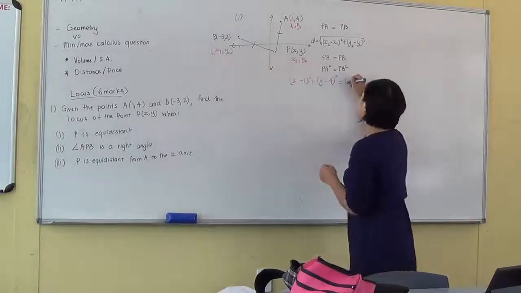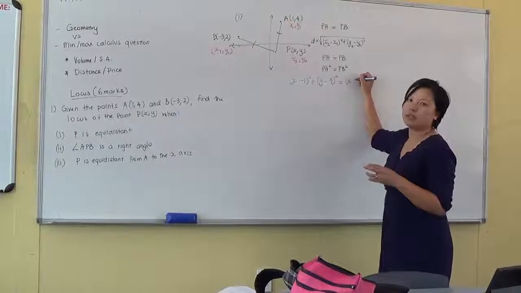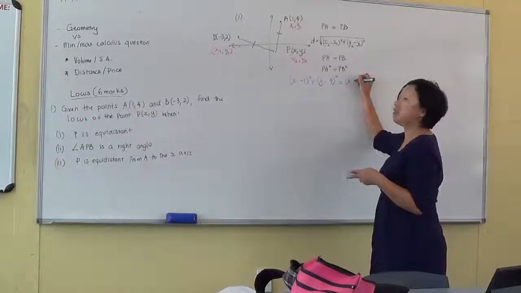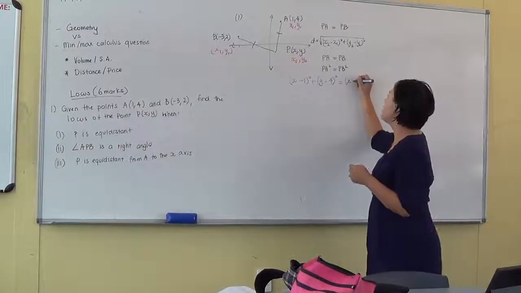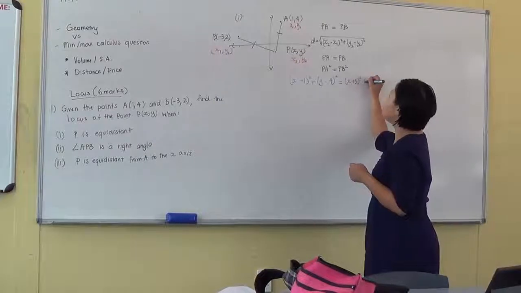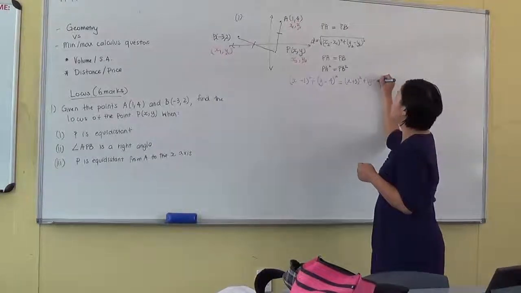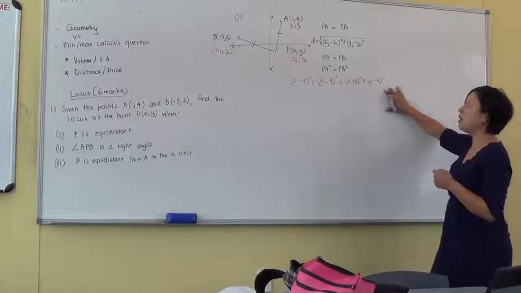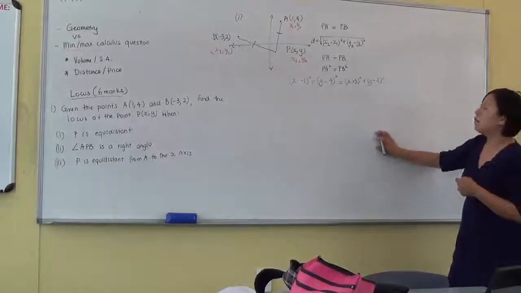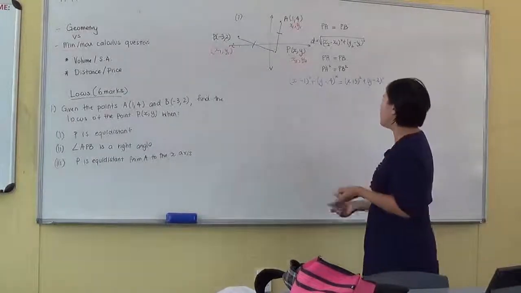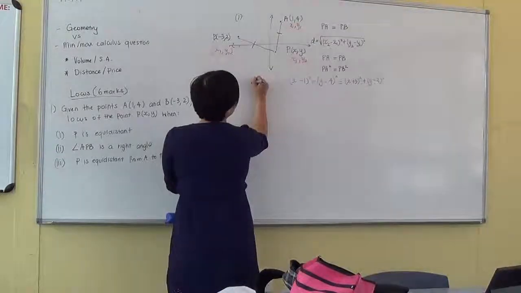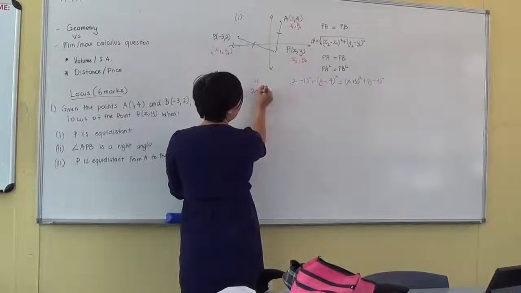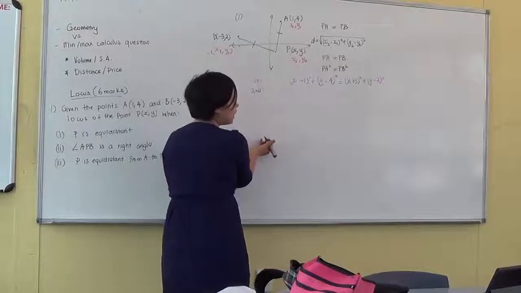What happens when you subtract a negative? It comes up positive. So x plus 3 all squared plus y minus 2 all squared. So that's our equation. And now we expand.